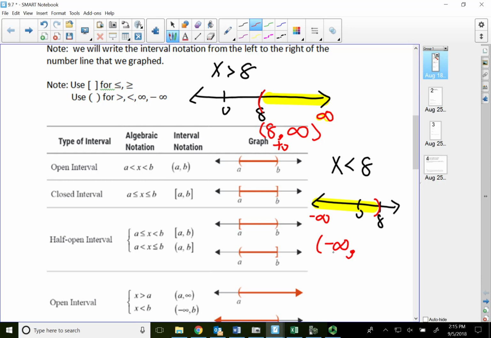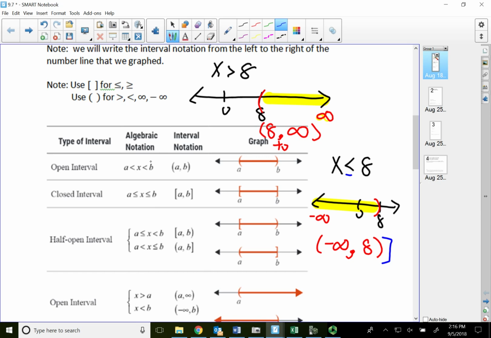My answers are from negative infinity to 8, but I do not include 8. If I add the equal to part, then my 8 will use a bracket instead of a parenthesis. These first three things are just to explain how to use open and closed intervals, brackets or parentheses.